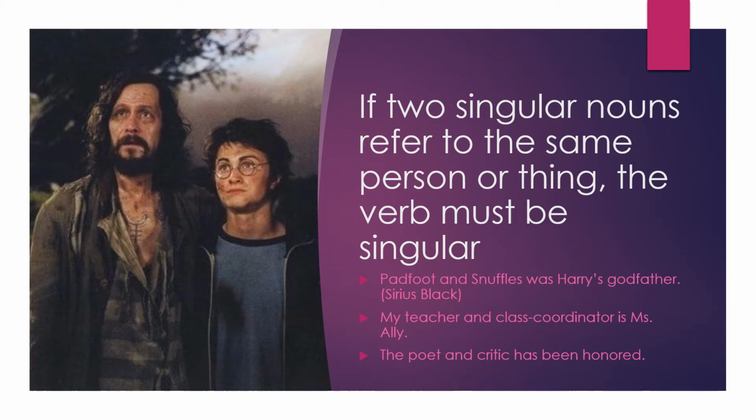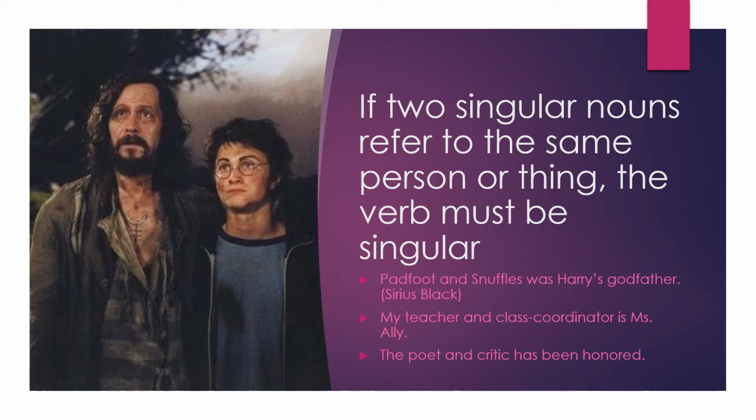Therefore, a singular verb. For example, Padfoot and Snuffles was Harry's godfather. Who was Padfoot? It was Sirius Black. Who was Snuffles? That again was Sirius Black. So there were two names that were given to Sirius Black other than his own name. So we have one singular noun, Padfoot, another singular noun, Snuffles.